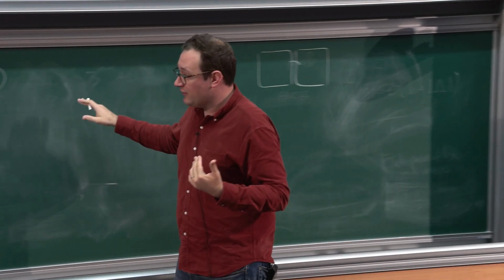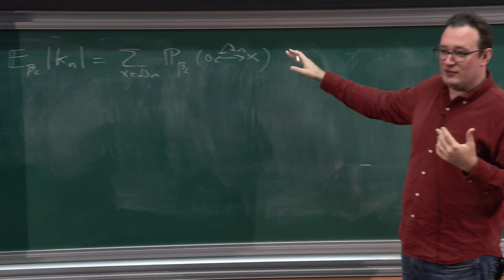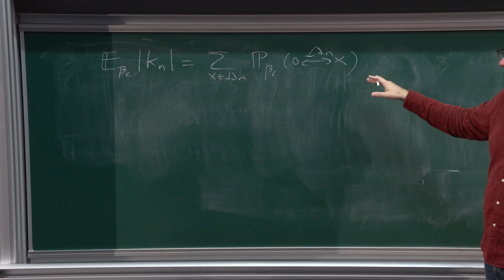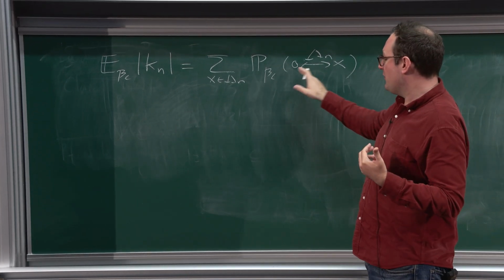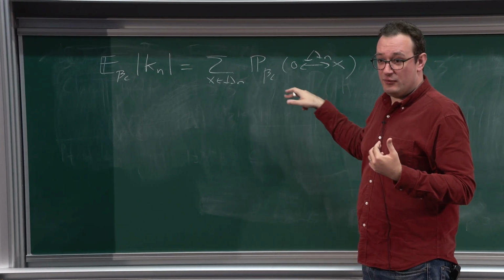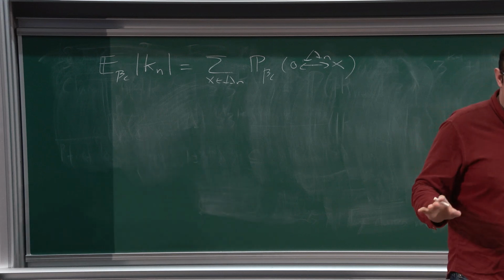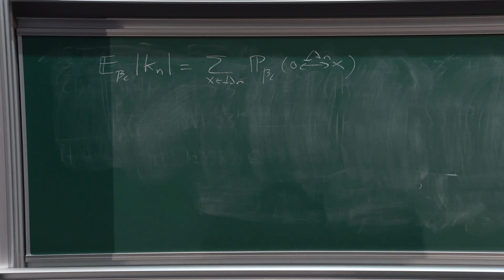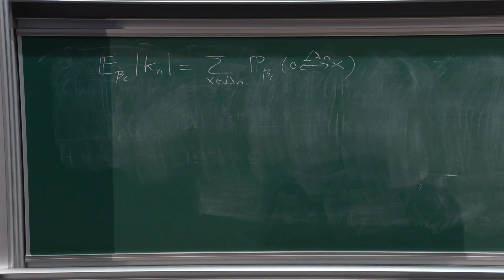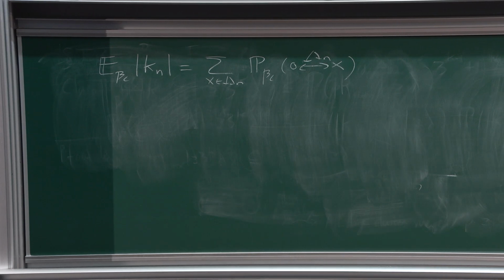So in fact, everything we've done up to this step, other than some uses of transitivity, which basically just mean you need to replace these quantities by the versions where you sum over 2 points instead of 1, everything works. And it's this last step that doesn't work at all, but it's very easy in the hierarchical case.